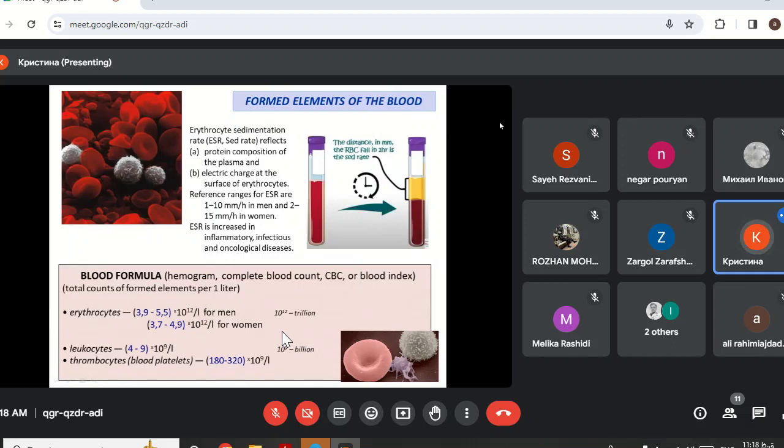Formed elements of blood include erythrocytes, leukocytes, thrombocytes, and their count per 1 liter of blood is called blood formula, or hemogram, or complete blood count, CBC, or blood index.